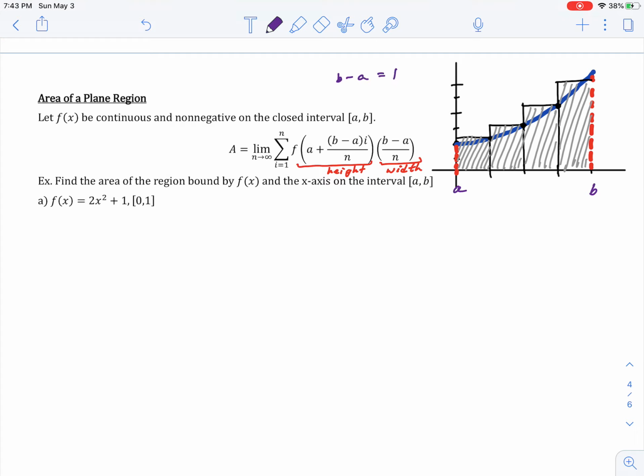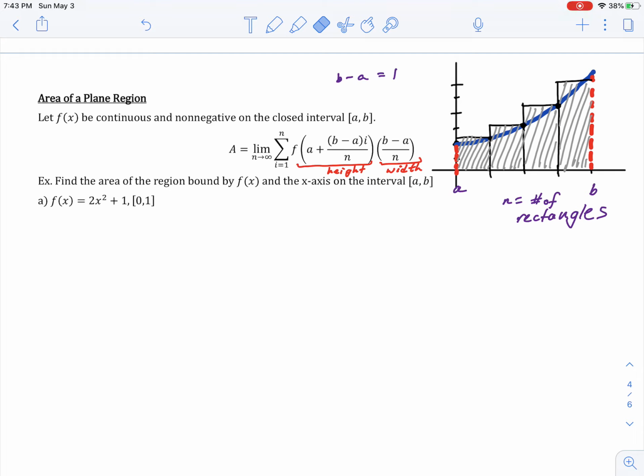So in this case, we can say b minus a is equal to 1. And that makes sense, because n represents the number of rectangles that we have. If n is the number of rectangles, then we're looking at the limit of this as n approaches infinity, right?